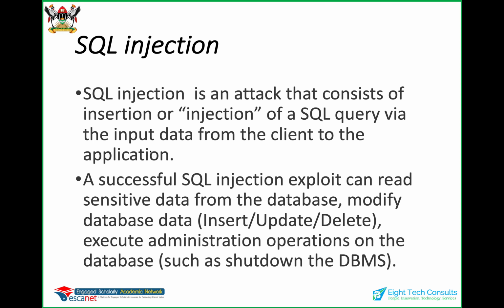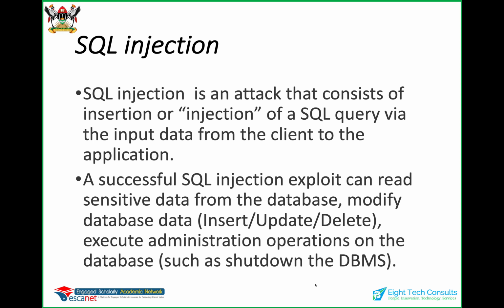So it means that a successful SQL injection exploit can read sensitive data from our database, or it can modify and perform dangerous queries such as inserting, updating, and deleting information in the database.